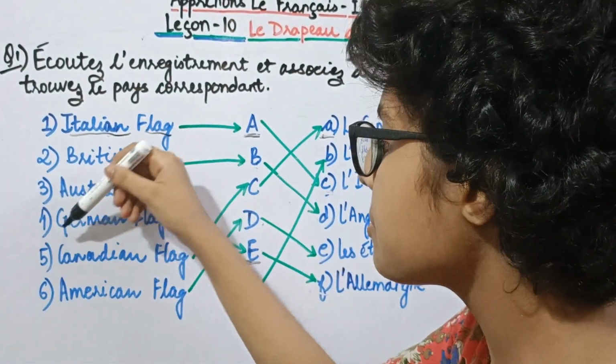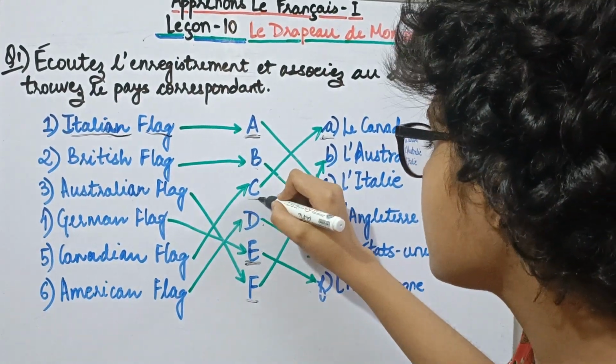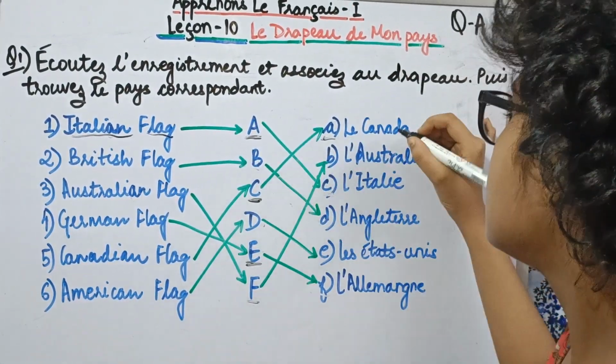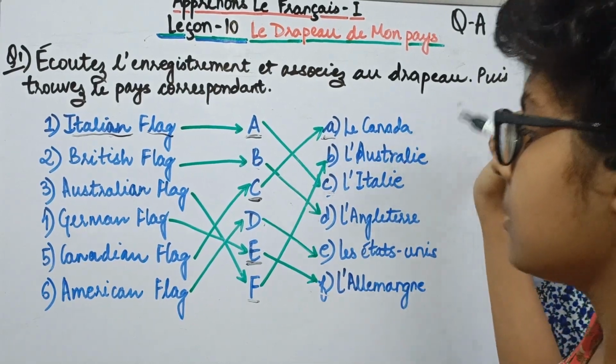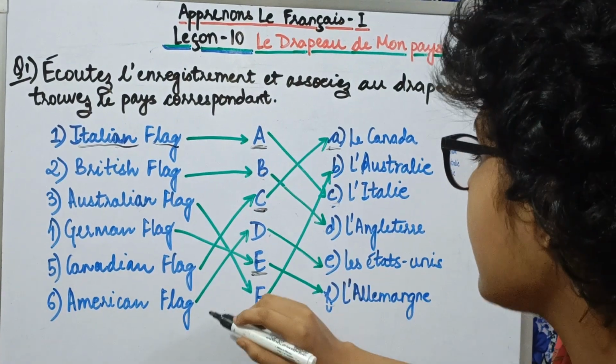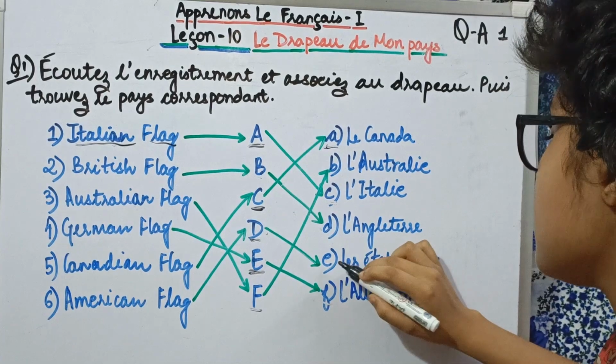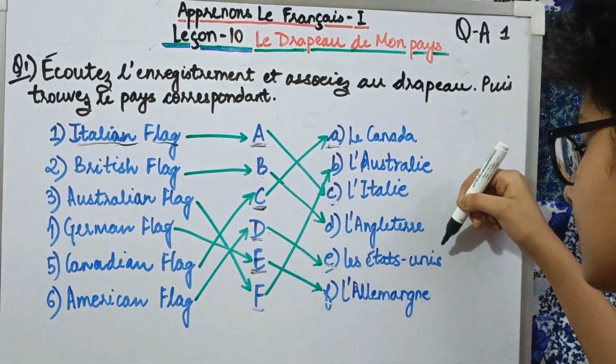Then we have the fifth part, that is the Canadian flag, and this matches the description of the C part and the country le Canada. Then we have the sixth part, that is the American flag, and this matches the D description. The country that it matches is the E part, les États-Unis.